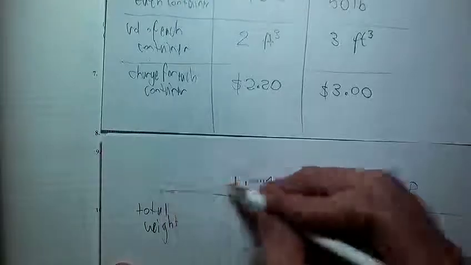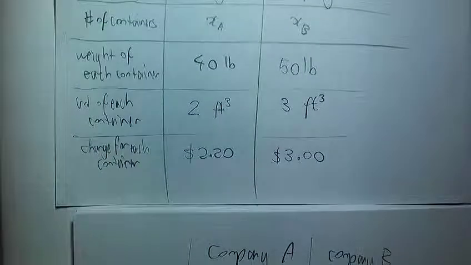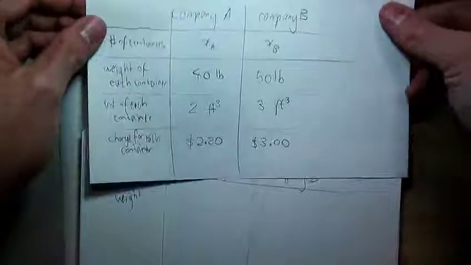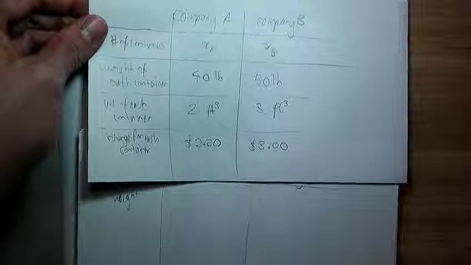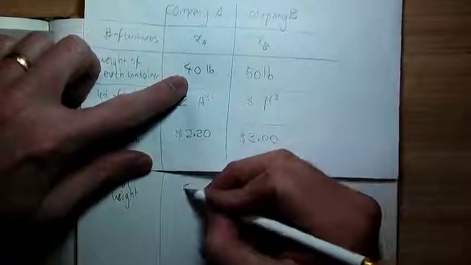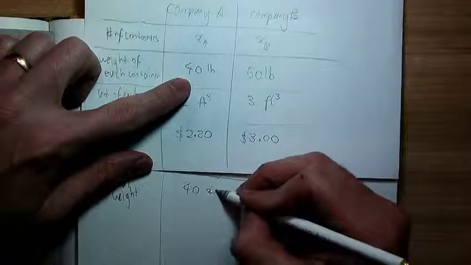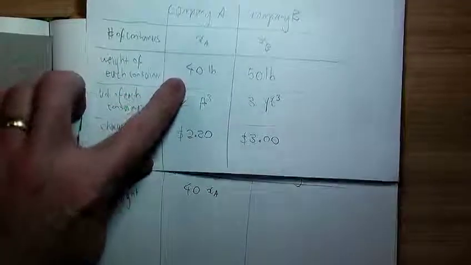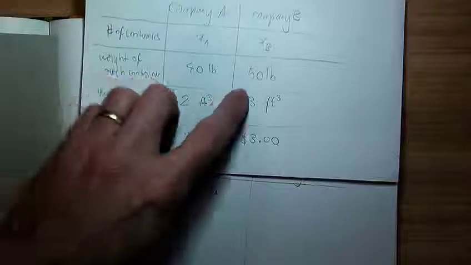So the total weight from company A, well, let's see. I can zoom out a little bit. Company A has XA containers and each of them's 40. So the total from company A is 40 lots of XA, XA lots of 40, that's the same thing. Company B has XB containers and each of them is 50.